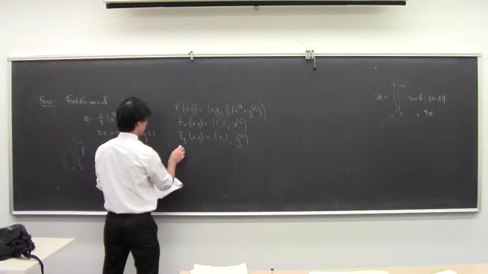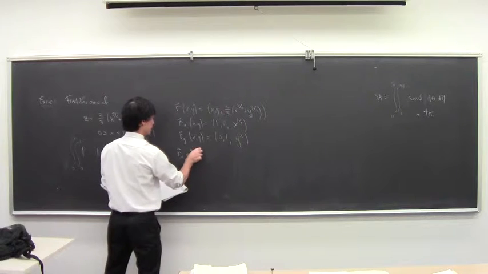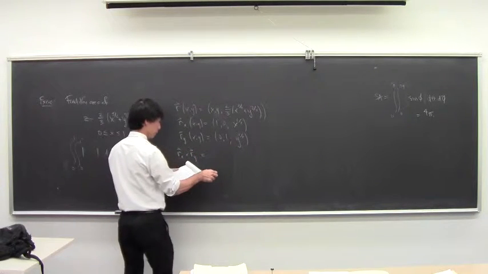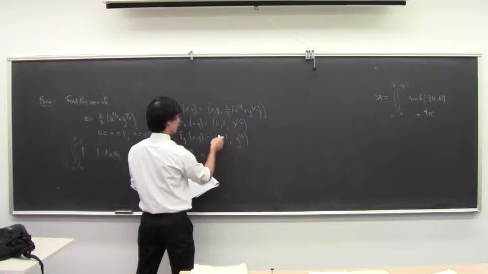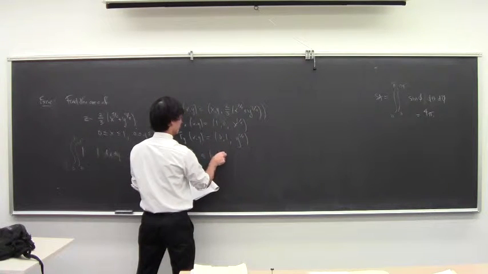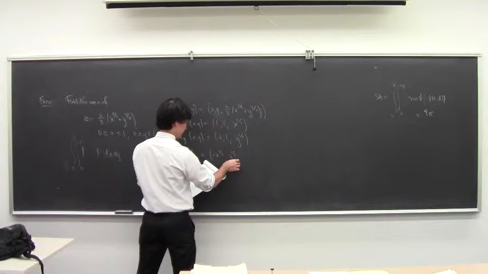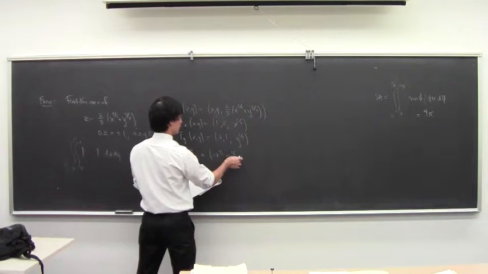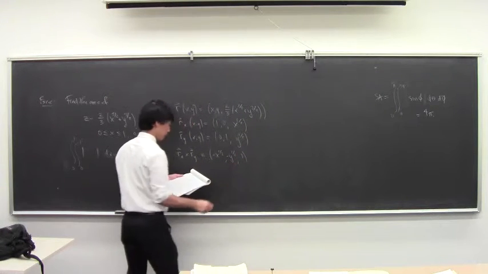You cross them, r x cross r y, gives you negative x to the 1/2, negative y to the 1/2, and then 1.